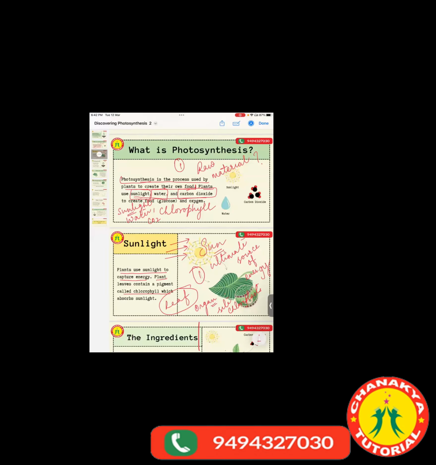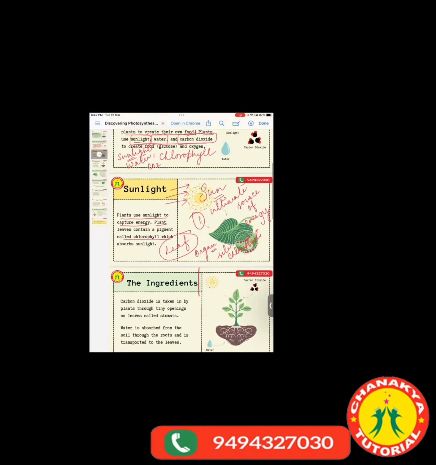So these are the conditions which are important for it. Plants use sunlight to capture energy, and plant leaves contain a pigment called chlorophyll, which absorbs sunlight. If they ask you what is the special characteristic of chlorophyll, it is to absorb the sunlight.